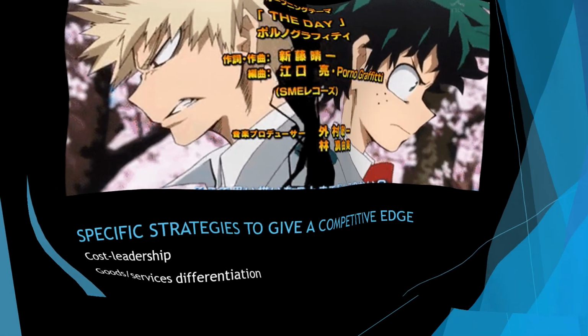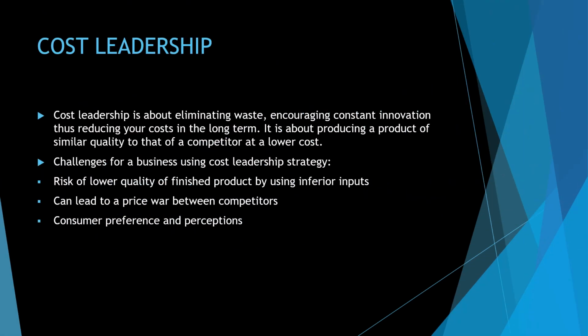So cost leadership is about maximizing efficiency to produce products of a similar quality at the lowest price. So it doesn't mean being cheaper, as cheaper refers to what you charge your people, and you don't want to necessarily be dodgy. Like, you don't want to cut too much quality, as people may be willing to spend a little bit extra to go to your competitors because, you know, it doesn't fall apart after one use.